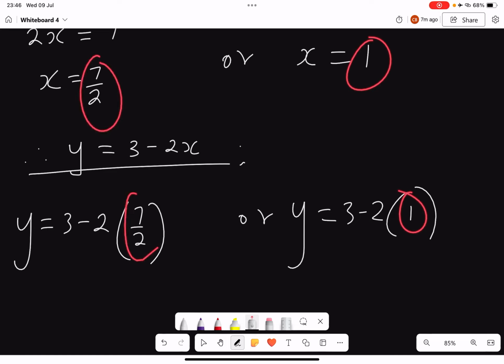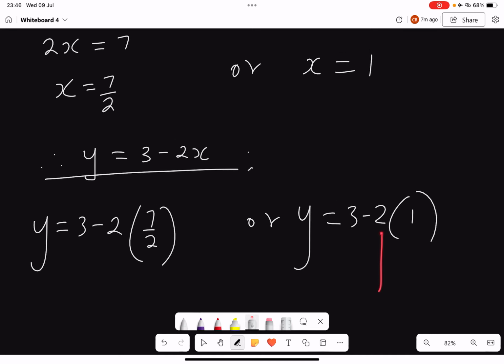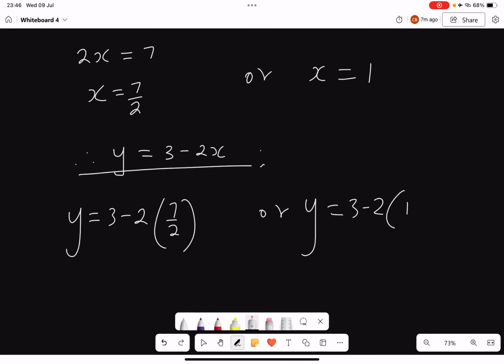The x value there was 7 over 2, or 3.5. Someone can write 3.5, it's also allowed. And this one will give us minus 4, and then the other one will give us y equals 1.